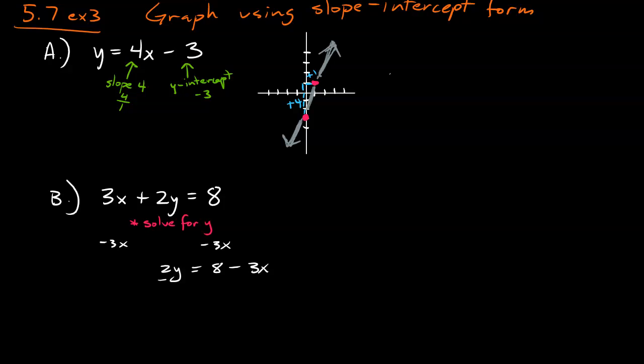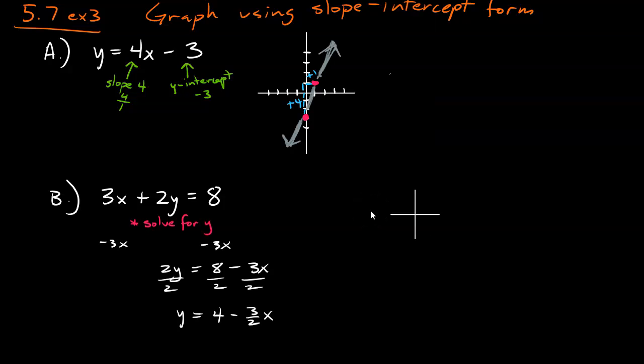And then I'm going to divide everything by 2. And then this causes my slope to be a fraction, which is okay. I think I can leave it down there. I think I got enough room.